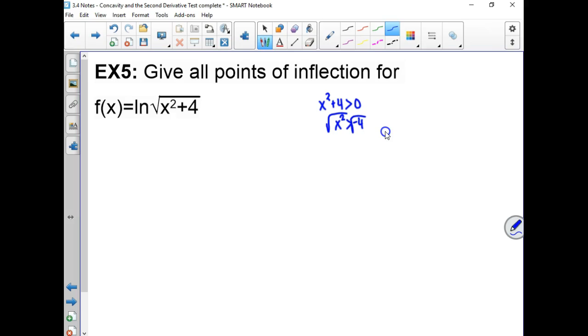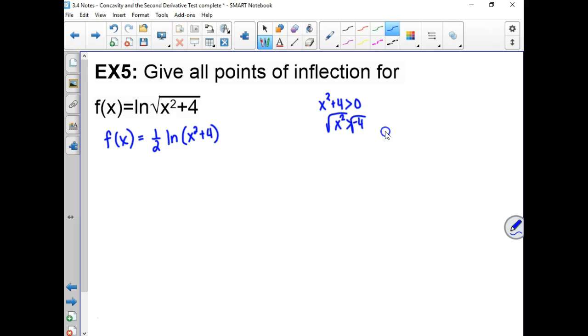So we are going to take our first derivative. What I would probably do before I do that is it will be a little bit easier if, instead of having natural log of square root of x squared plus 4, that square root is like a 1/2 power. We can pull that 1/2 power out front. So 1/2 natural log of x squared plus 4. And now that 1/2 is a coefficient, so we don't have to mess with it.